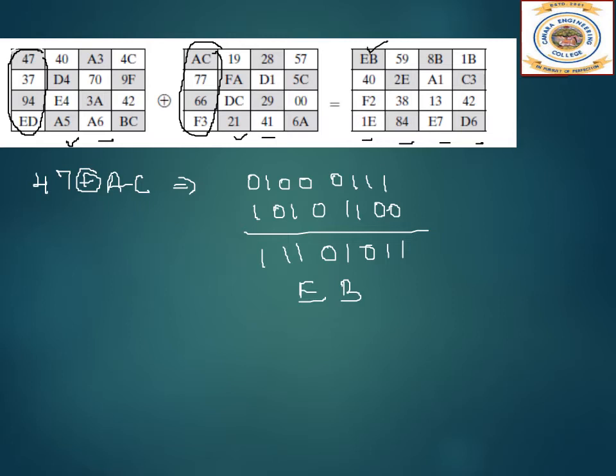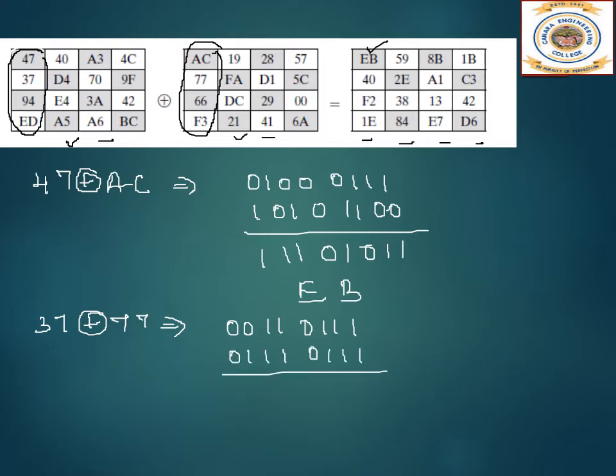Next we'll try one more: 37 XOR 77. What is 37 in binary? 37 is the hexadecimal number 3 and 7, so we can write it as 0011 0111. And 77 is 0111 0111.